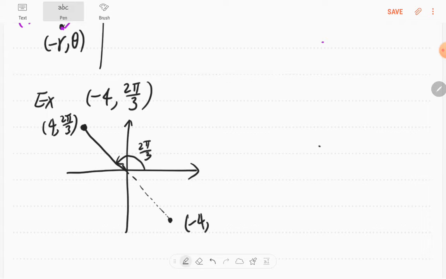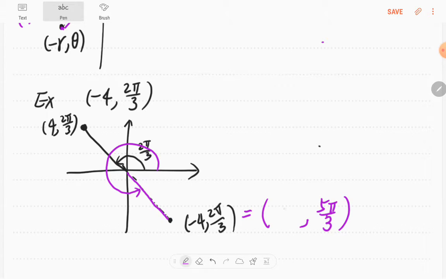But it can also be written with this angle and this distance, which is 2 pi over 3 plus pi, so it would be 5 pi over 3, and the radial coordinate would be positive 4.